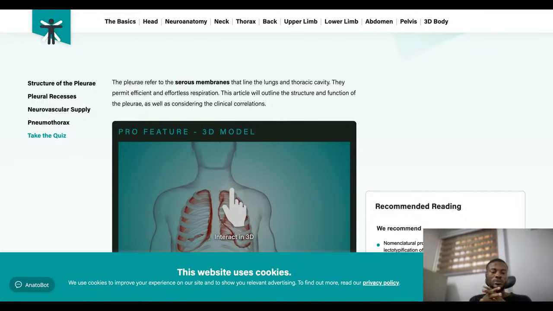Sometimes, one common condition that we mostly experience in the radiology department is pleural effusion.